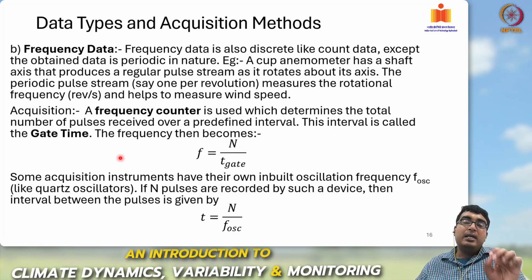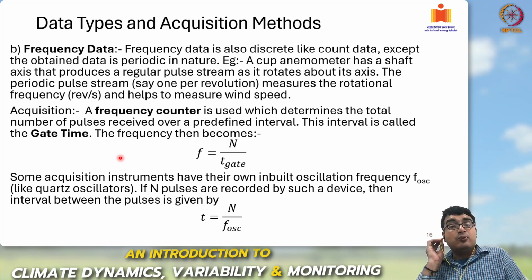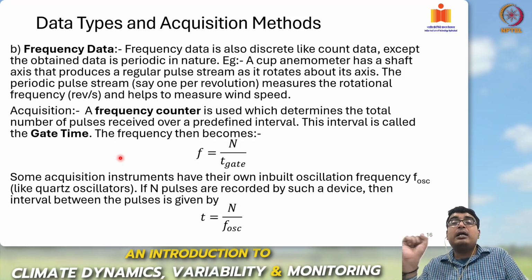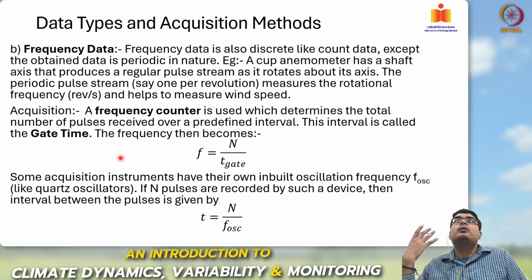Okay. Here, a frequency counter is used, which determines the total number of pulses received over a predefined interval. So again, if we take the anemometer example, suppose we count the total number of pulses received per second, and suppose each revolution has 3 pulses.